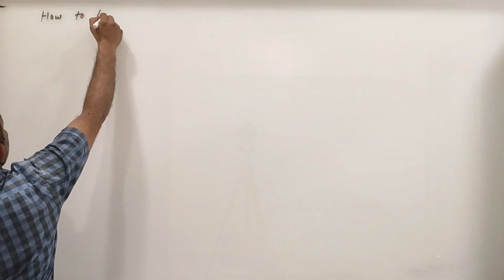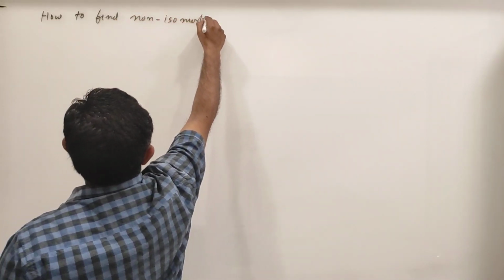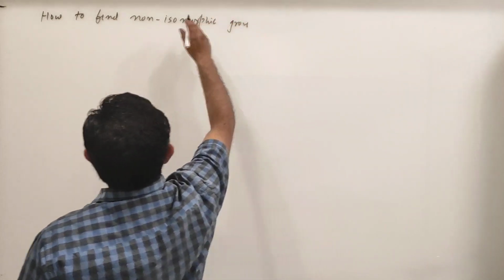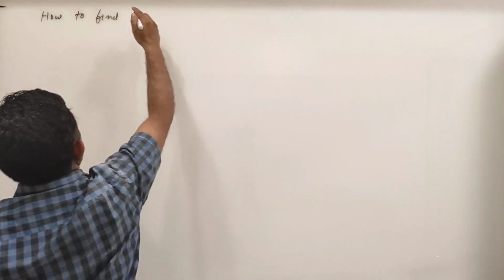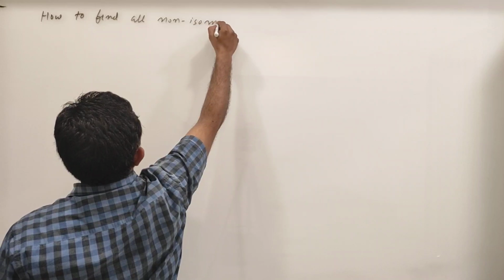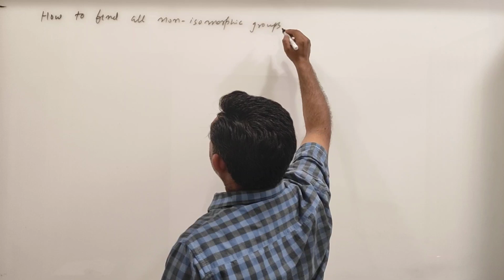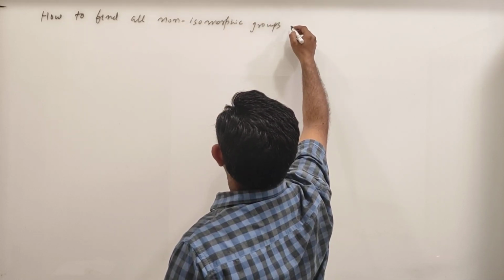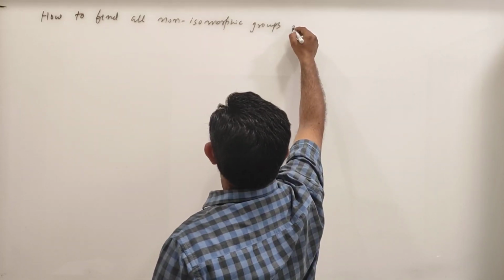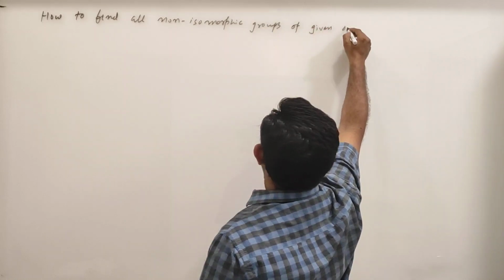So how to find all non-isomorphic groups of given order?